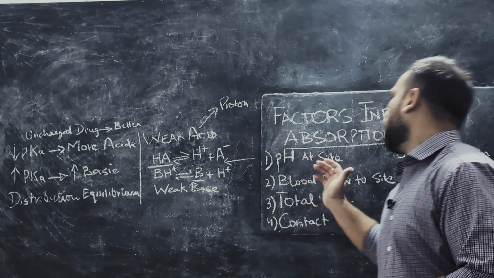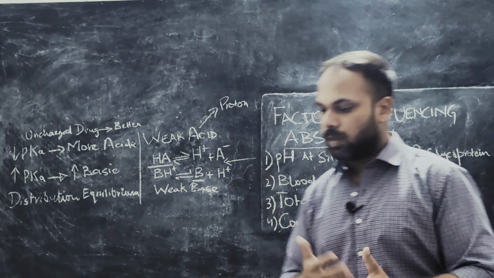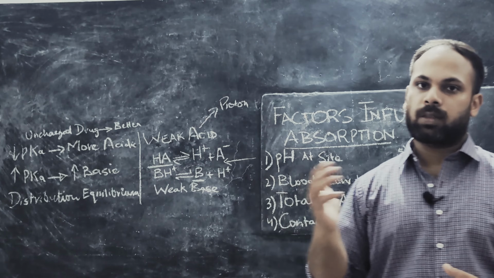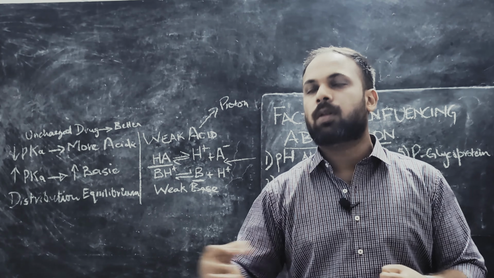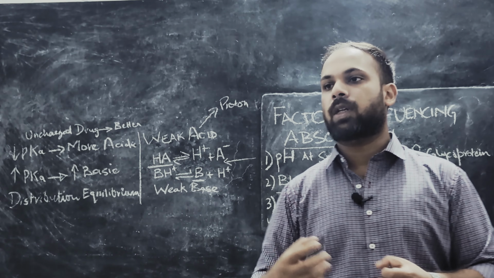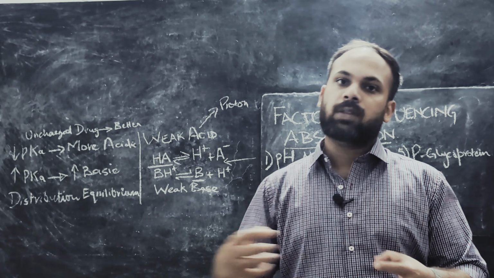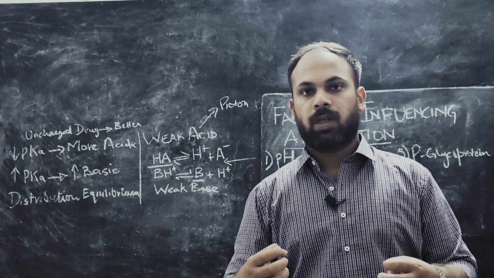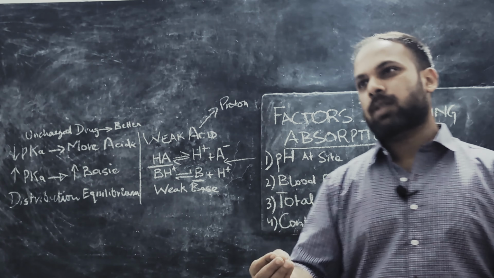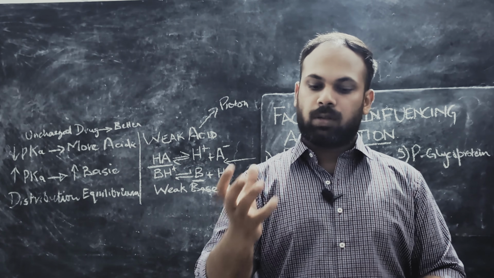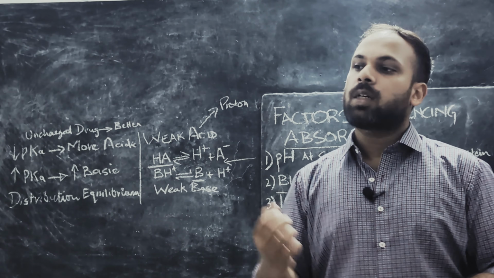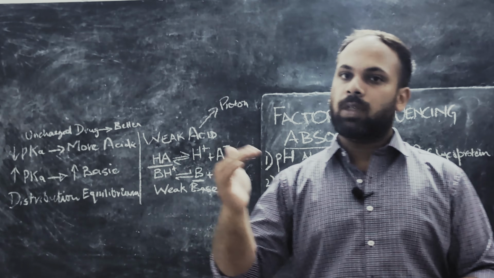As blood flow improves and gushes through all the tissues, muscles and organs of the body, it decreases the concentration gradient, and as the concentration gradient decreases, absorption improves.